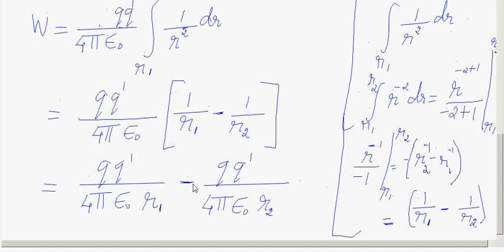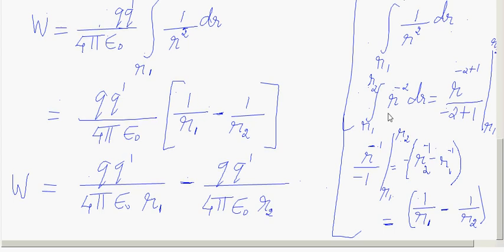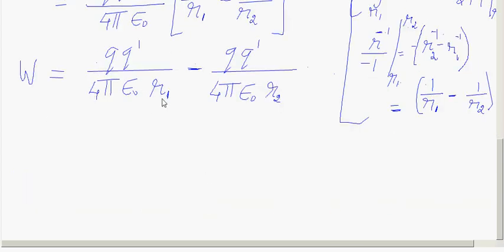Now see, the work done W depends upon the endpoints R1 and R2 and not on the path. So from this equation it is very clear that the work done depends only on the endpoints and not on the path.